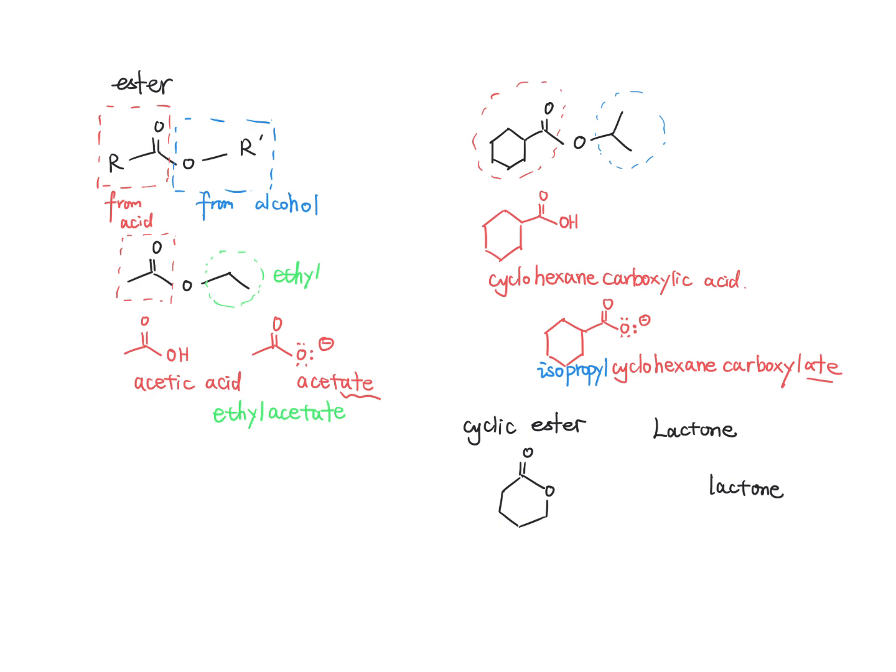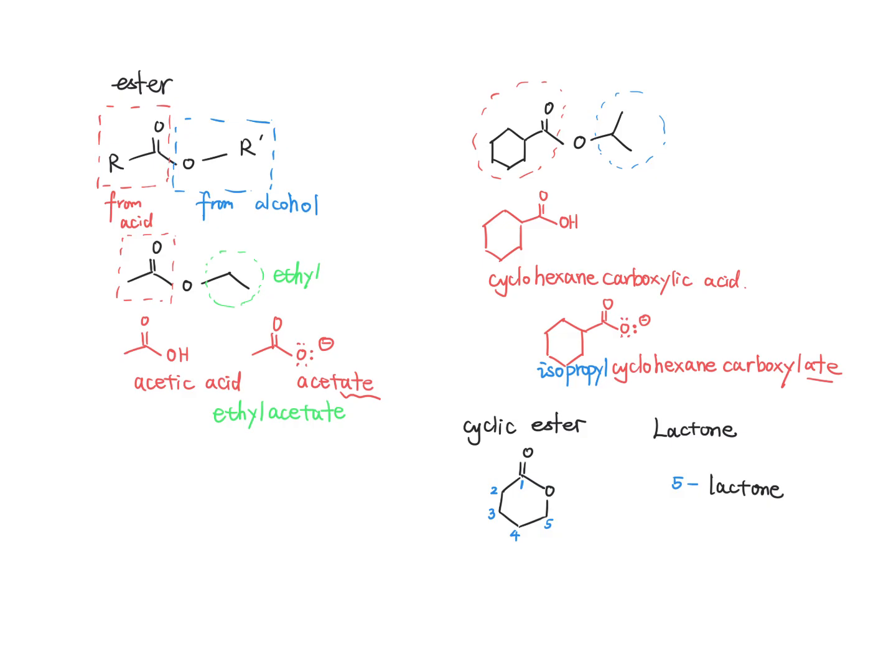So this will be our carbon 1, and the next ones will be 2, 3, 4, and 5. In this case, the oxygen from the alcohol is connected to carbon 5 on this side, so we will call it 5 lactone. That is the first way we can name it, by using the number.